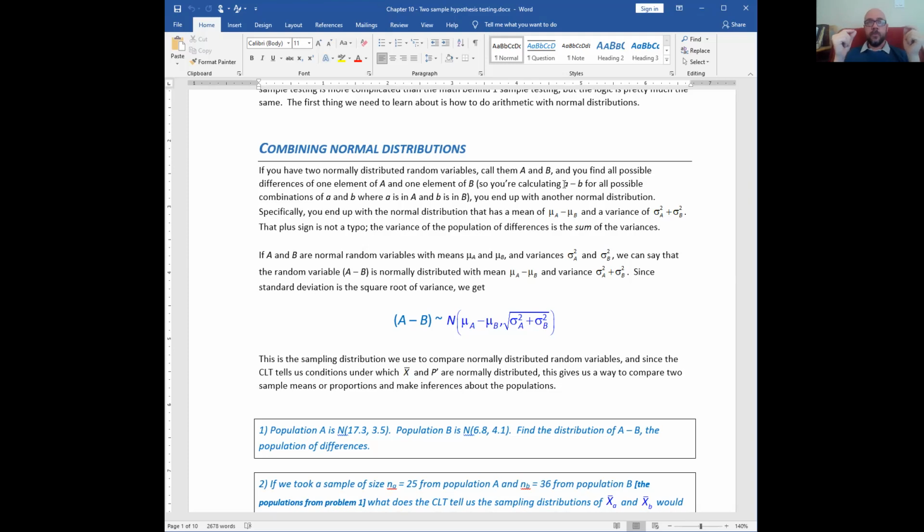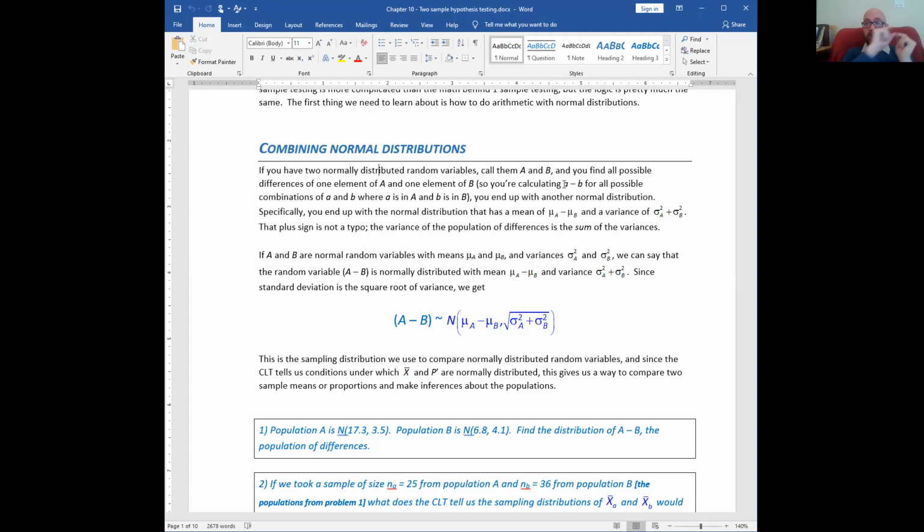Then I take that same element of A and a different element of B, and I repeat until I have taken that one number in distribution A and subtracted everything in B from it and written down all the differences.